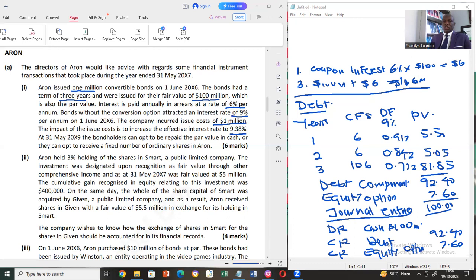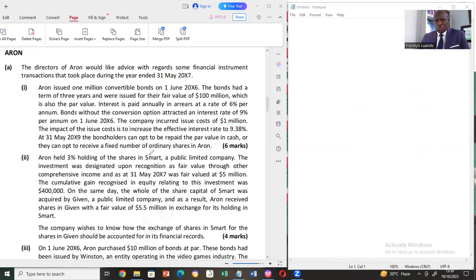Now we need to show the allocation of issue costs, and then we measure the debt component at amortized cost. So we can go to the allocation of issue costs. First we have the debt component.